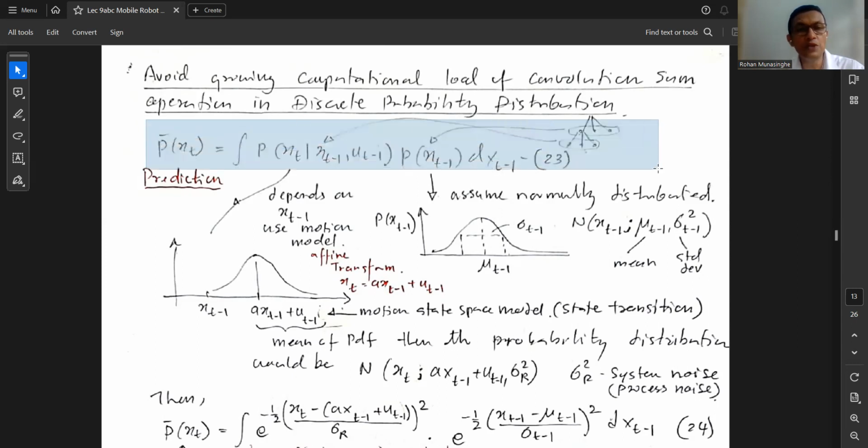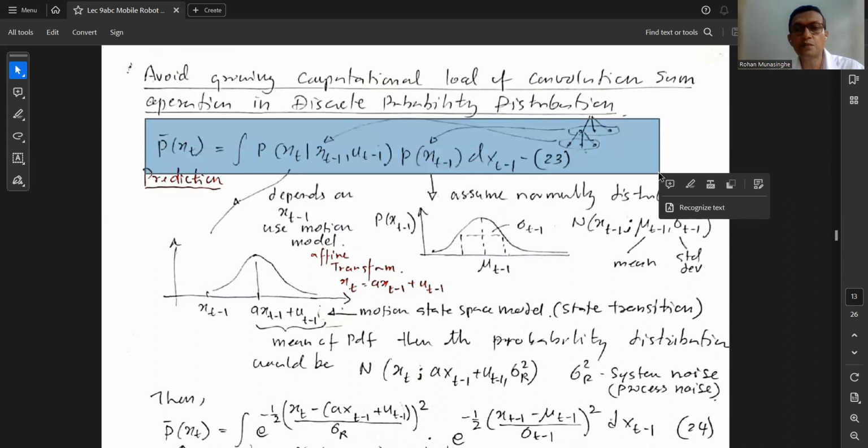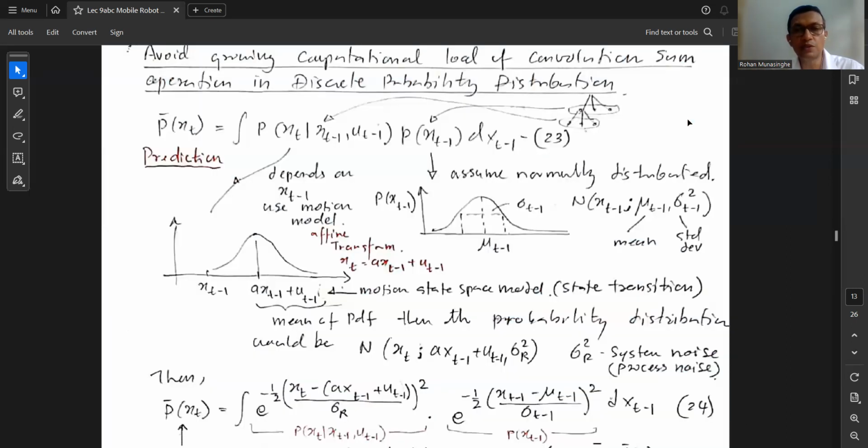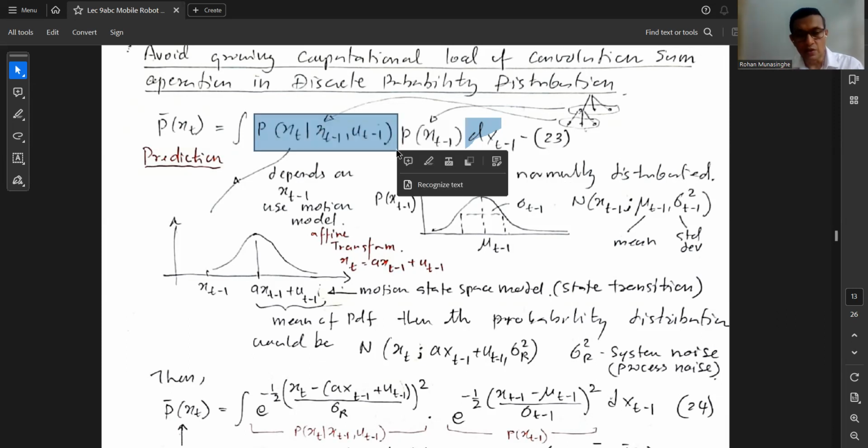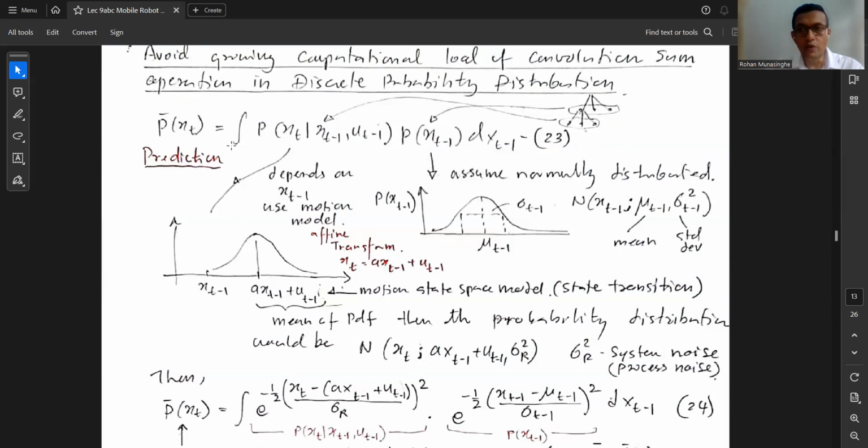This is our first equation, 23. When you implement this process, you have pxt minus 1, as I explained earlier, the probability distribution, in fact, the probability of pxt minus 1 at a given position, and you multiply with this one, which tells you the transition from that position to the next position. And you have to integrate this over all possible states. That is why this integration is equation 23.